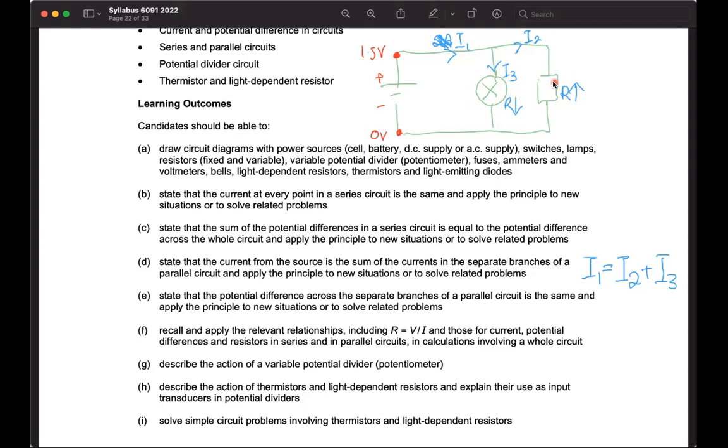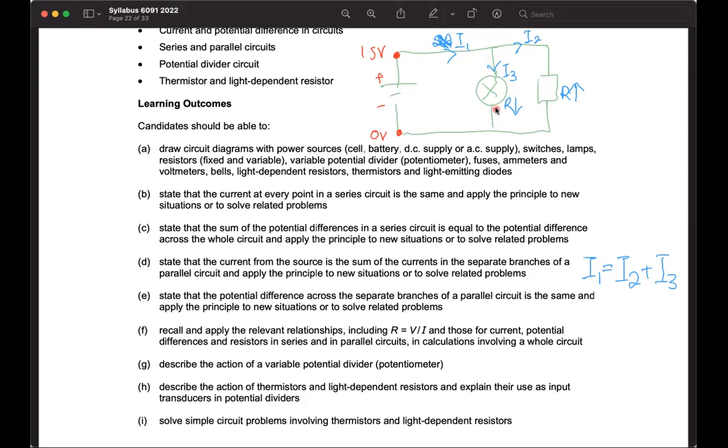But in the end, I2 plus I3 must still add up to become I1. So there will be less current going through the resistor because it has higher resistance, and more current going through the bulb because the resistance is lower. Does that make sense to all of you?